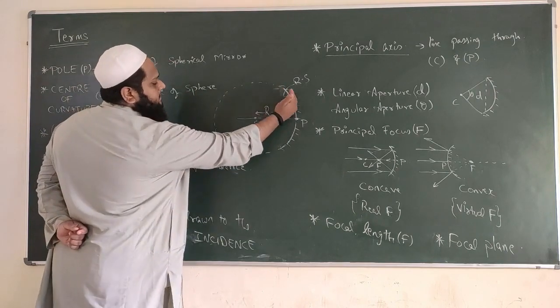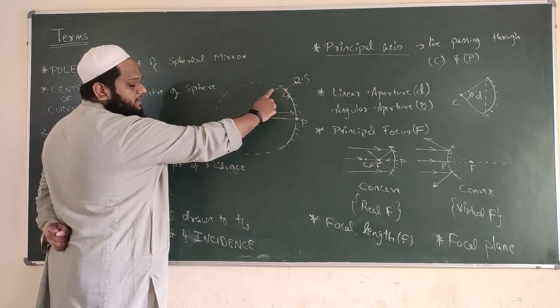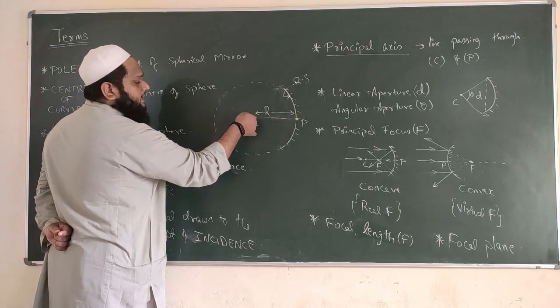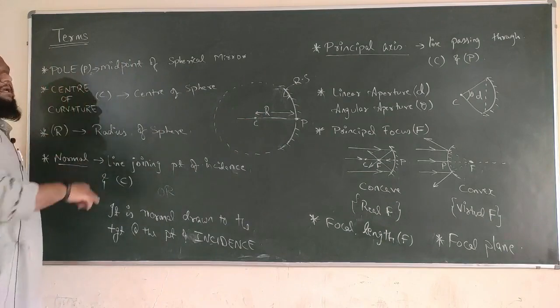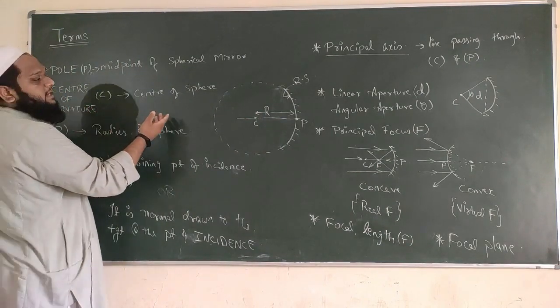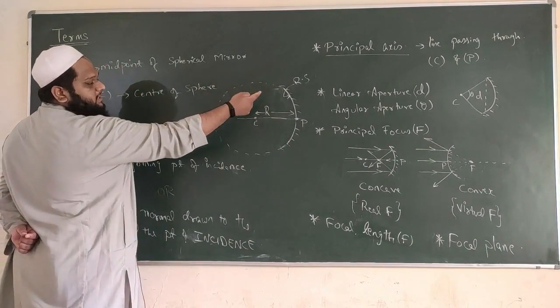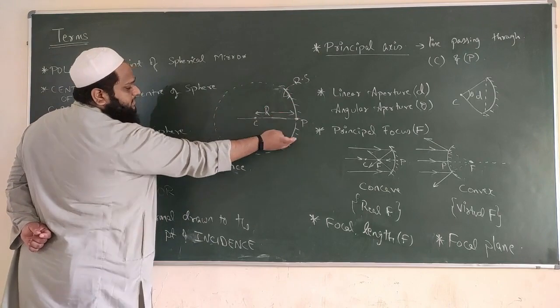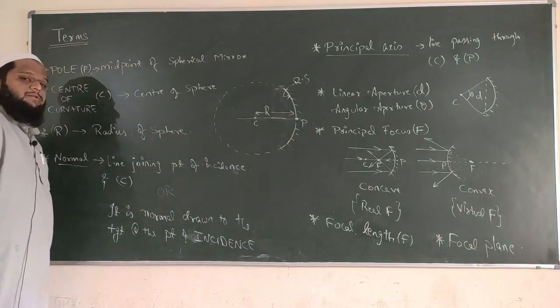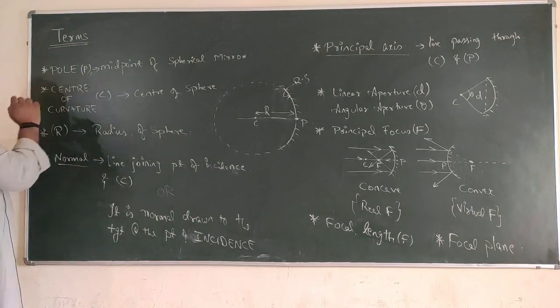See here, this is the spherical mirror. This is a part of this whole sphere, and in this sphere you have a center. That center is called center of curvature. So the definition goes: center of curvature is defined as the center of the sphere of which the spherical mirror is a part. It is denoted by C.